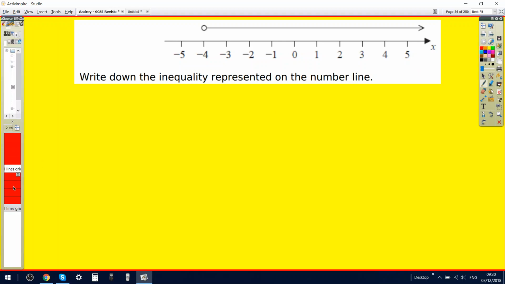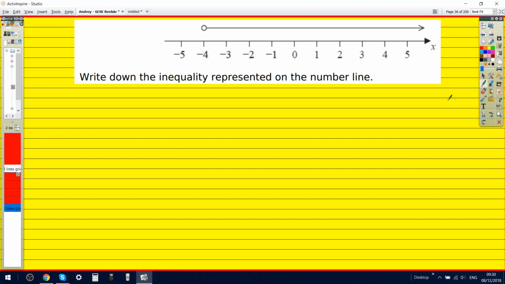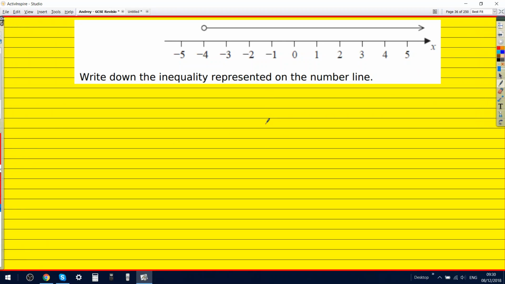How about this one? So is this minus 4? Yeah. It says what inequality does it show?